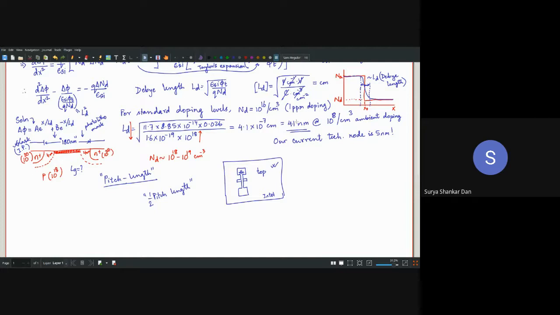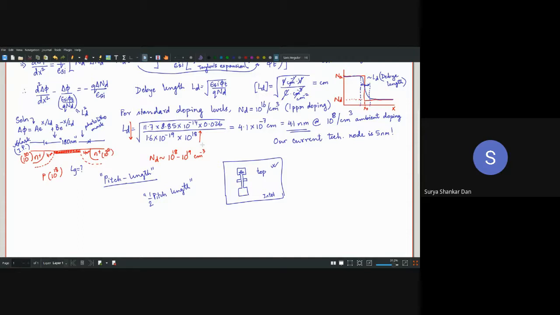But you can never ensure that it is always going to be lower than that. Shashank's question was, why isn't it possible to take care of this Debye length problem, this erroneous step junction consideration problem, during fabrication itself?